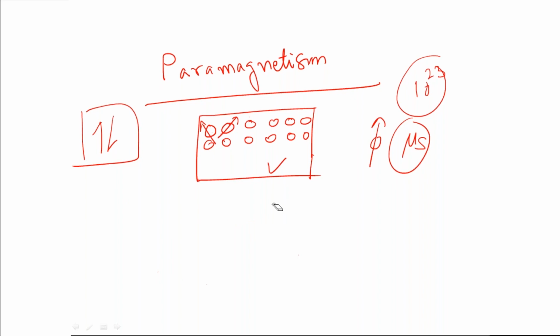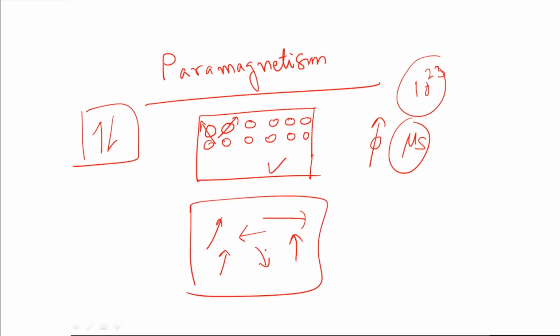So when you have of the order of 10 to the power 23 or maybe more electrons, you will get a good amount of net magnetic dipole moment and magnetization. But the problem is, in case of a paramagnet, these atomic dipoles don't cooperate with each other. One dipole moment would like to be in this direction, another maybe like this, or another like this.